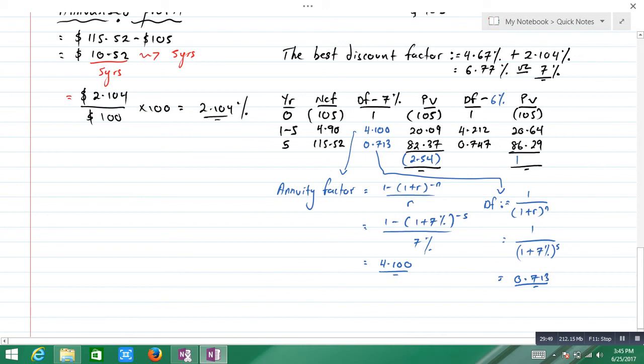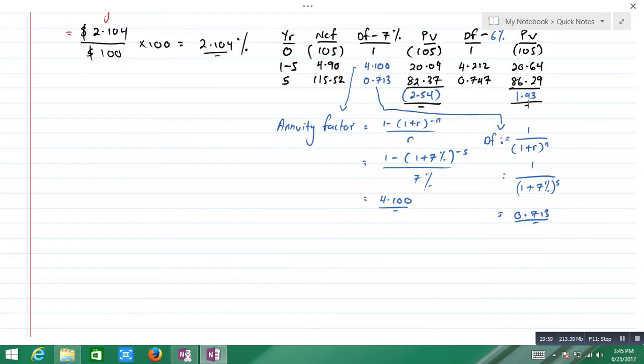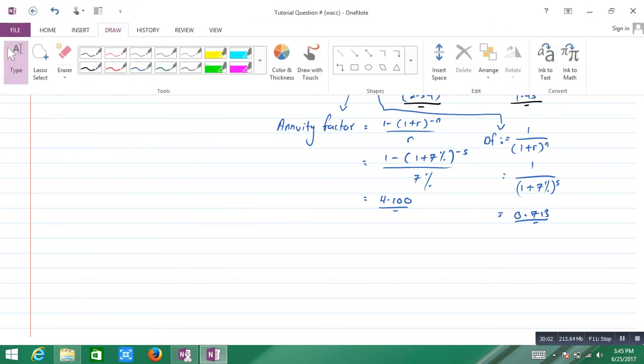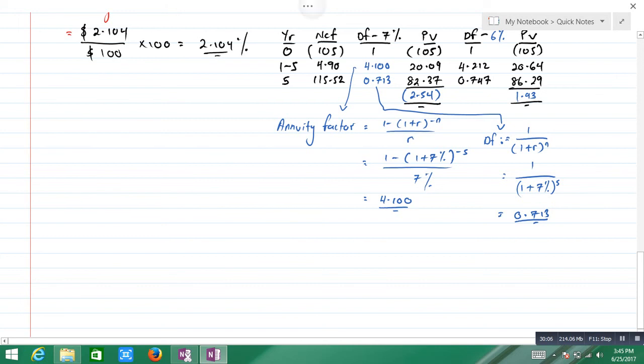Let's look at the IRR now. Which is your KD, call that E, NPVE, NPVE minus NPVP, times P minus A. Okay. 6% plus NPVA is going to be the positive NPV, don't forget. 1.93 plus 2.54, negative, negative, positive, times 7% minus 6%.